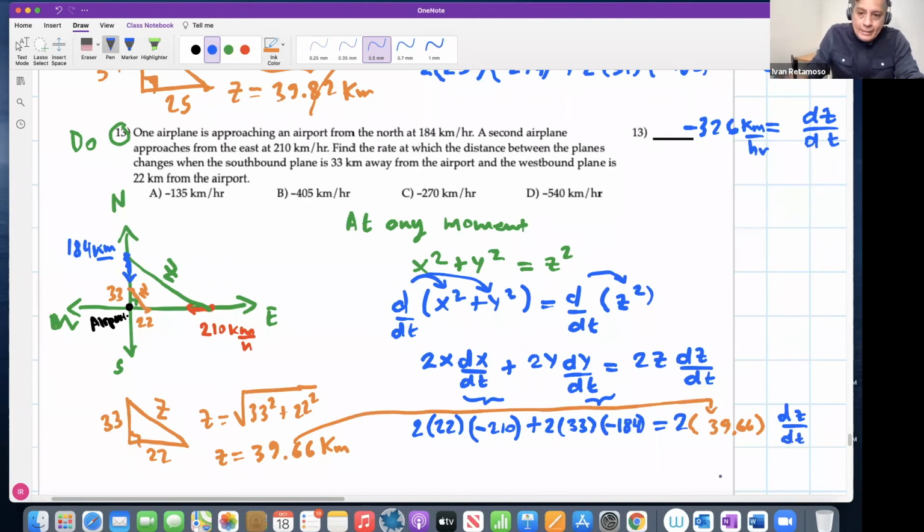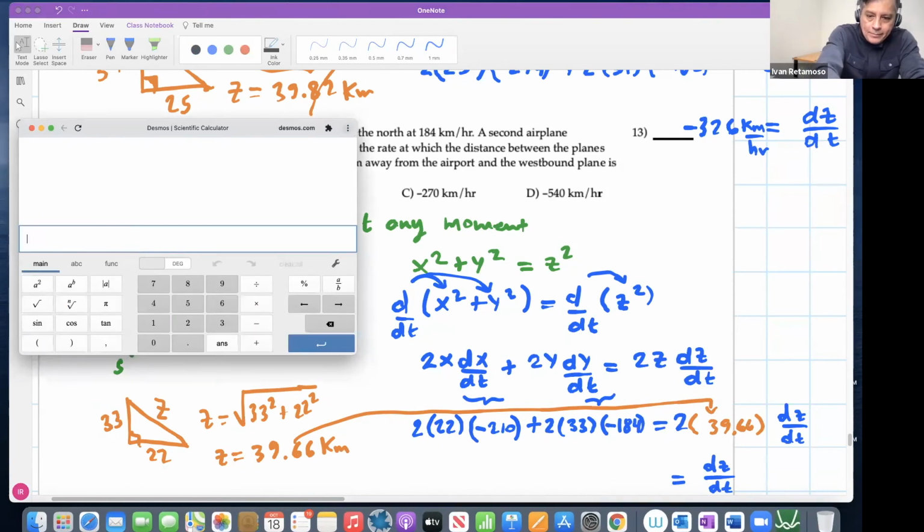All right, now again, I'm going to do this computation, guys, in one step using the calculator, so we won't write stuff anymore. I start typing this whole thing, and then this part will divide into this part, right? So let's do it. Start with 2 times the left part of the equation: 2 times (22 times negative 210), close parentheses, plus 2 times 33 times negative 184, right?